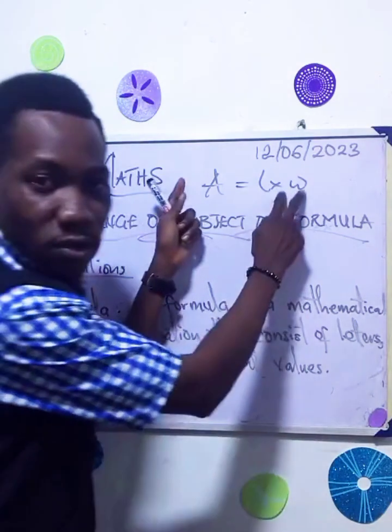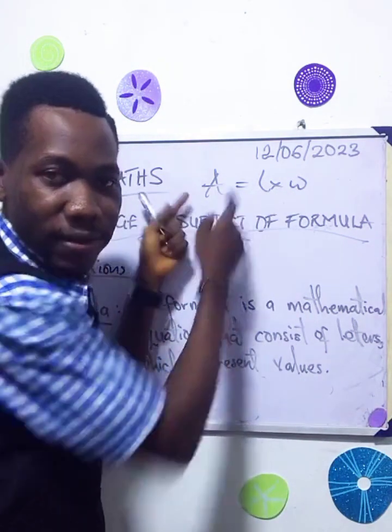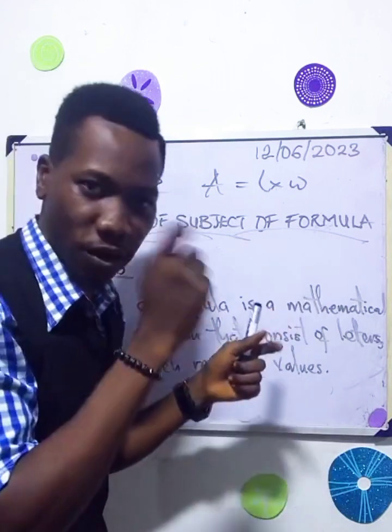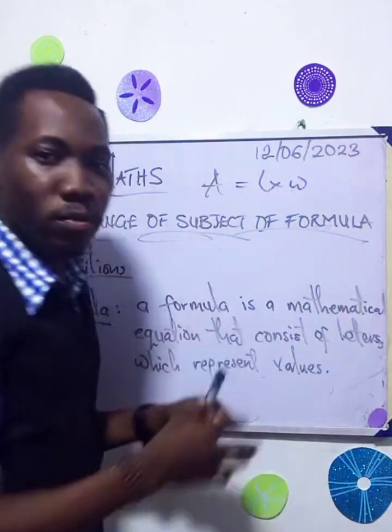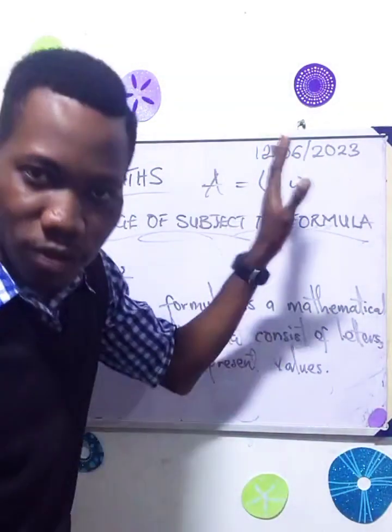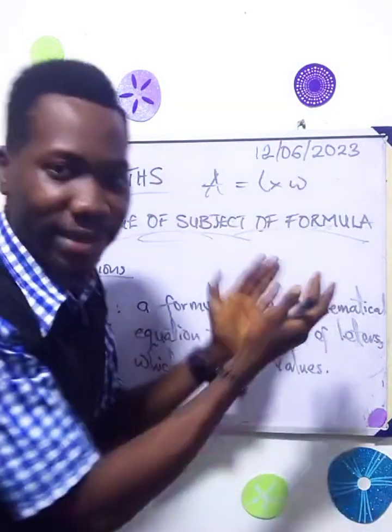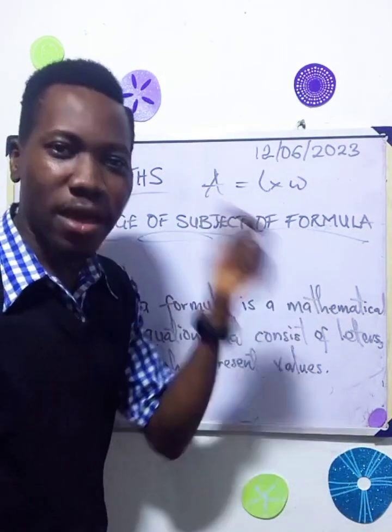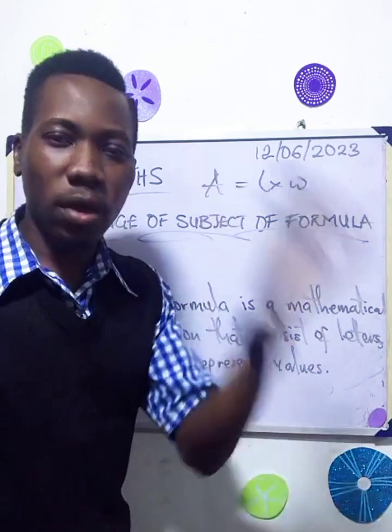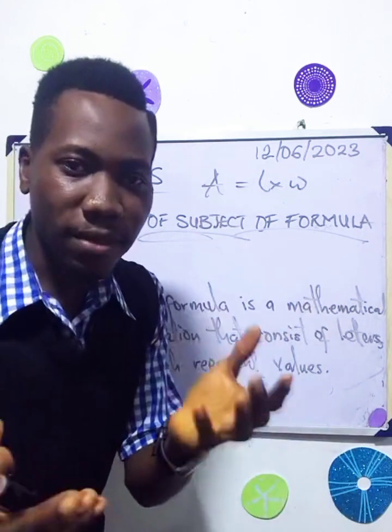This is what an equation looks like, having the equal to between. This is equal to this. This is the same as this. So a formula is an equation, and it consists of letters. Now these letters represent values. These letters represent quantities. They represent certain numbers.